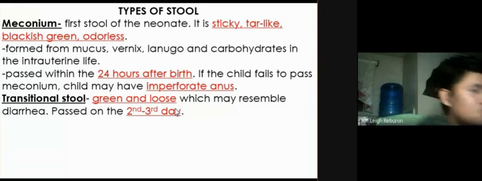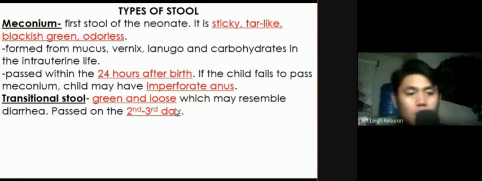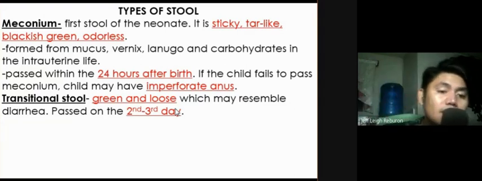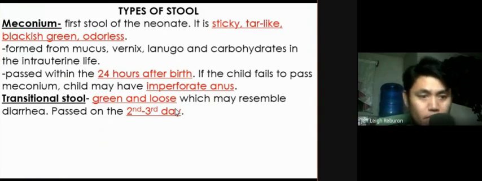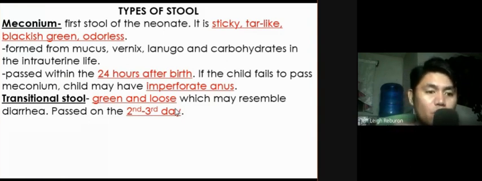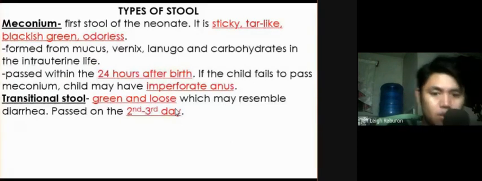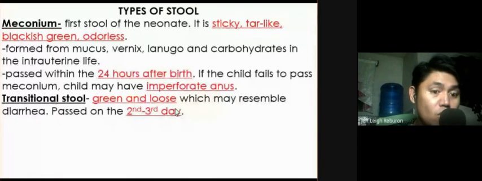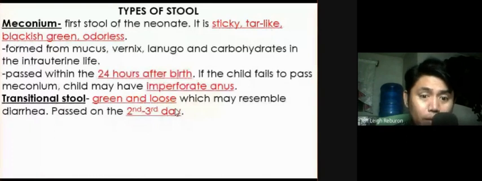The next type of stool is what we call the transitional stool. Kaya po siya tinawag na transitional stool kasi nagbabago na po yung tae ng bata. From meconium, nagiging milk stool na po siya. Nagets? Okay. So, transitional stool is usually colored green. It is also loose, medyo nabasa.